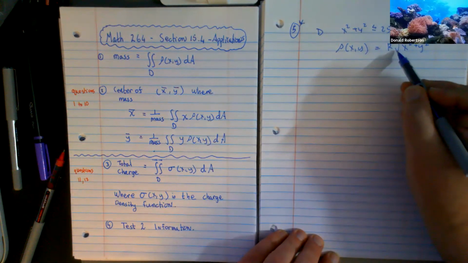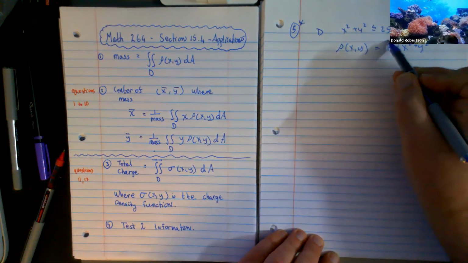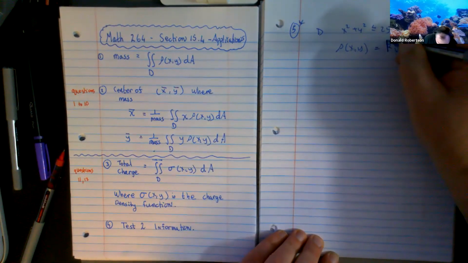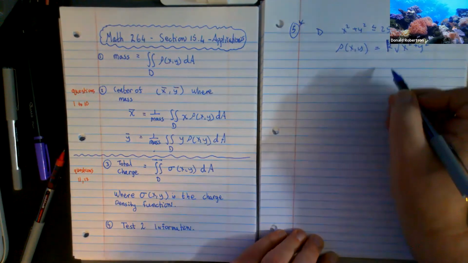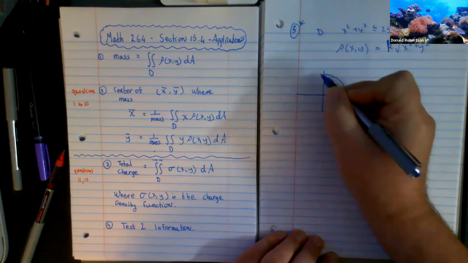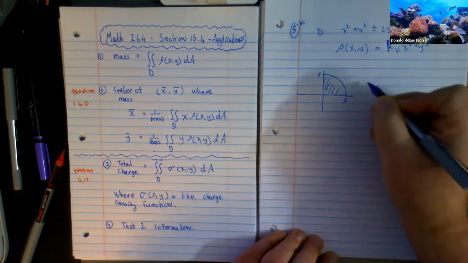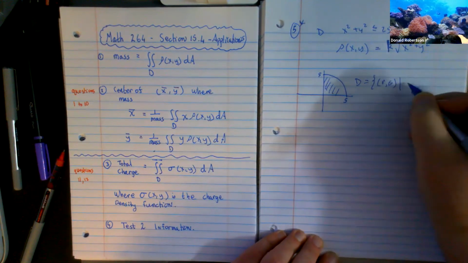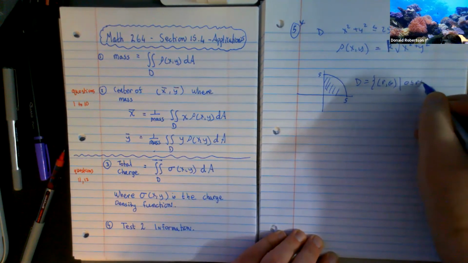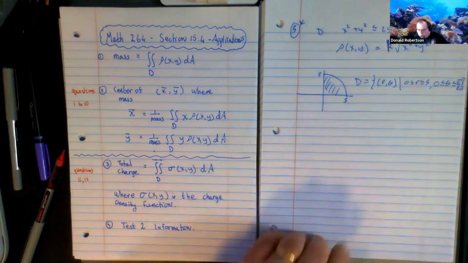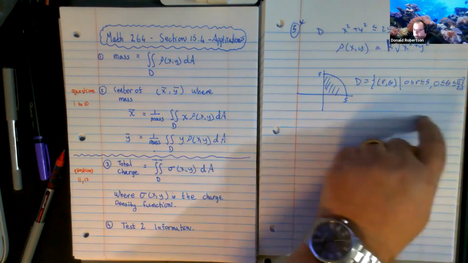Yes, it's a K. I don't know why it's a K. So in the first quadrant, that's the guy. That makes D in polar form: R goes from 0 to 5, and theta goes from 0 to pi upon 2. Are we all comfortable about quarter circles and our polar description?